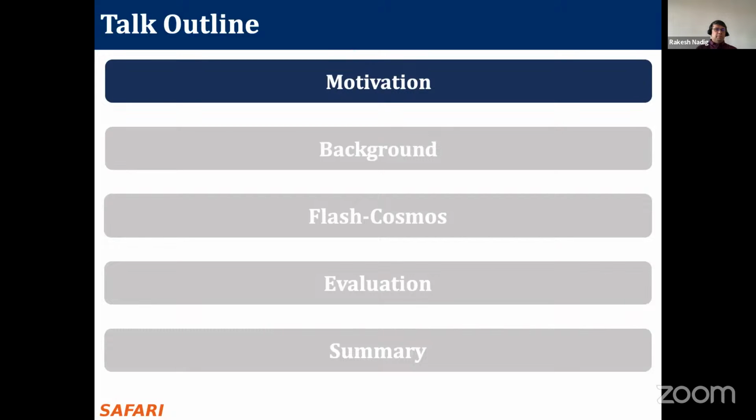Then we go into some background on NAND flash memory and how NAND flash memory can inherently support these bulk bitwise operations. Then we look into the key ideas of Flash Cosmos. We'll briefly discuss the evaluation and then provide a summary of our work.